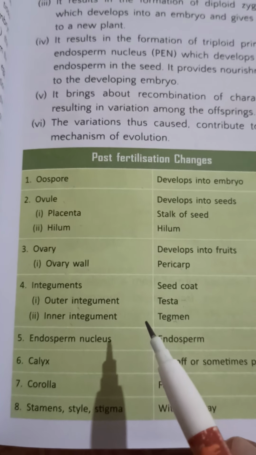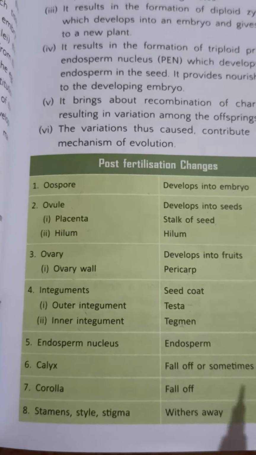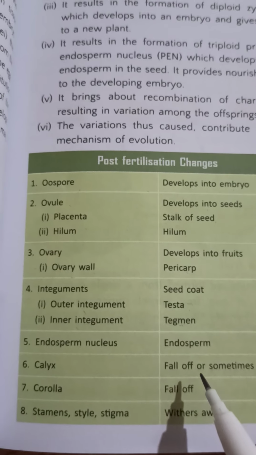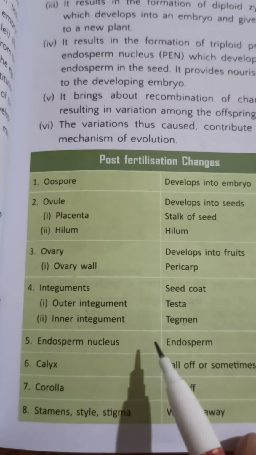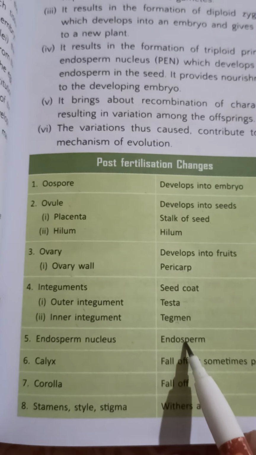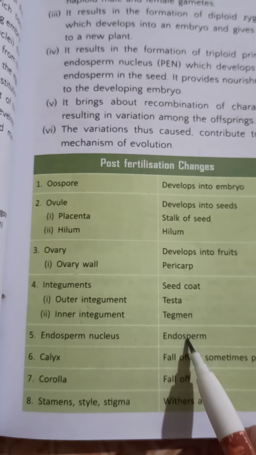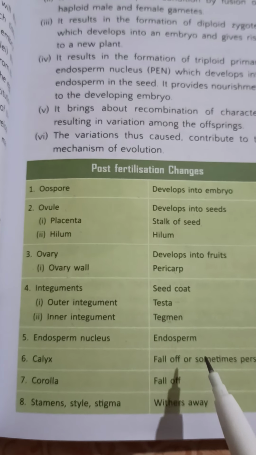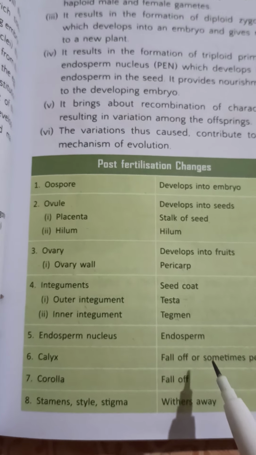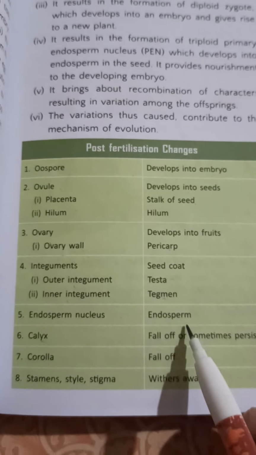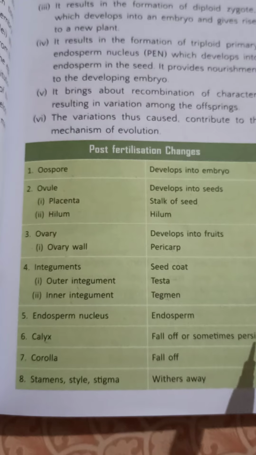The endosperm nucleus means the centrally located polar nucleus. When fertilized with one male gamete, it is termed the endosperm nucleus that forms endosperm, which produces the nutrition for the developing embryo. Calyx falls off or sometimes persists.